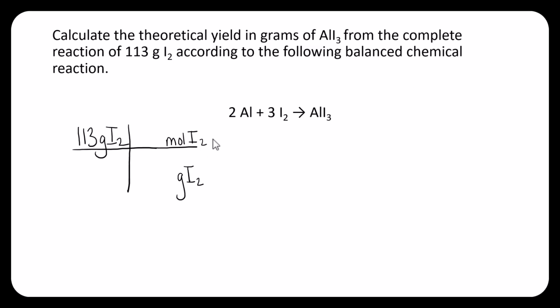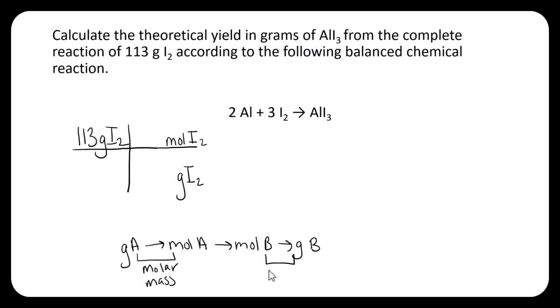With these stoichiometry problems, remember our generalized path is going to be grams of A, moles of A, moles of B, grams of B. Here we're using molar mass.